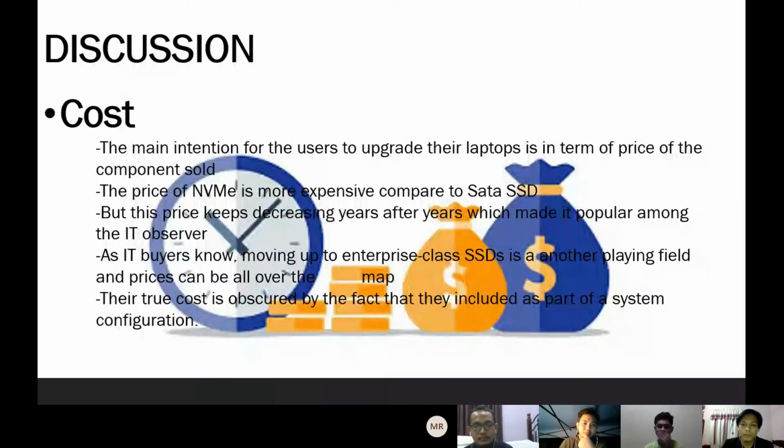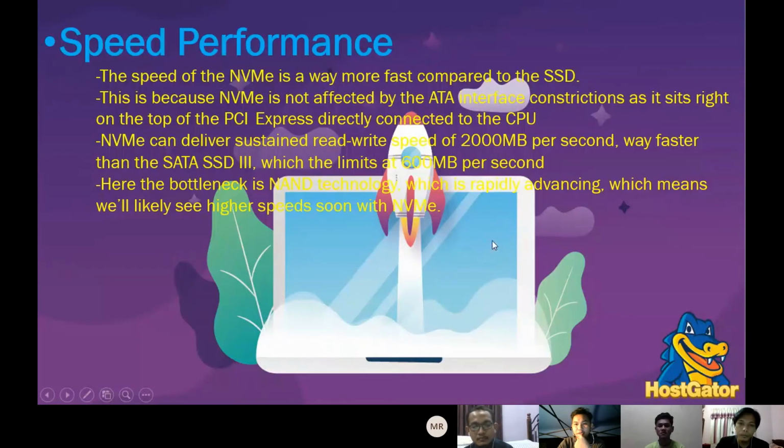Secondly is speed performance. The speed of the NVMe is way faster compared to the SATA SSD. This is because NVMe is not affected by the ATA interface constraints, as it sits right on top of the PCI Express, directly connected to the CPU.